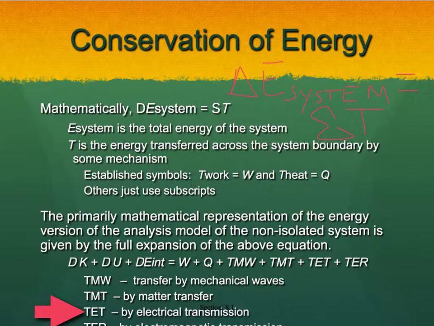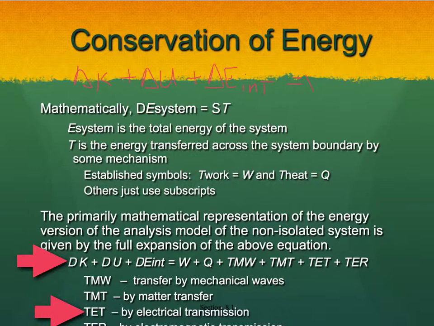So if we really want to think about what's happening in a non-isolated system where we can have a transfer of energy, then you want to use this type of formula, because this is just going to be the expanded version of our delta E system equals sigma T. So I could have the change in kinetic energy plus the change in potential energy plus the change in internal energy. All of that can be equal to the different amounts of transfer of energy that we can have.